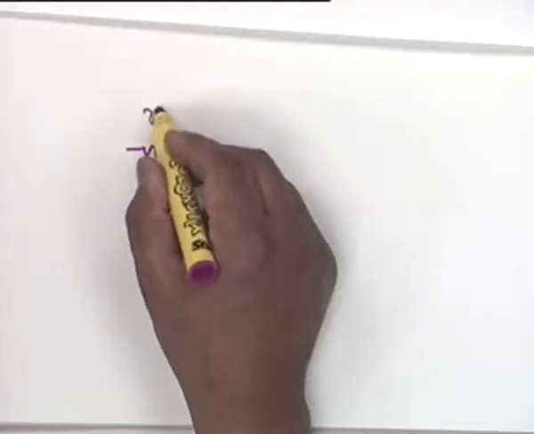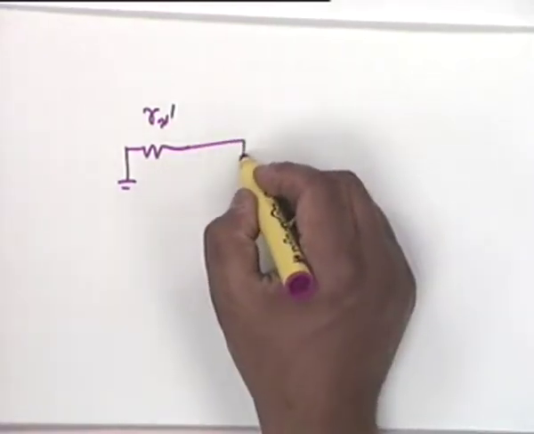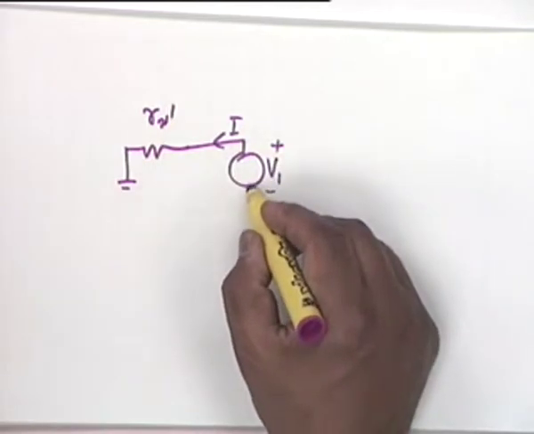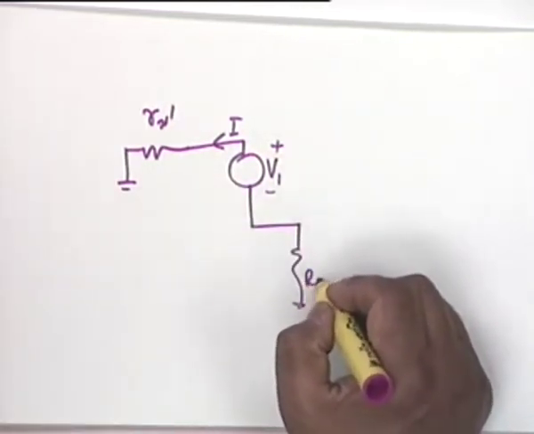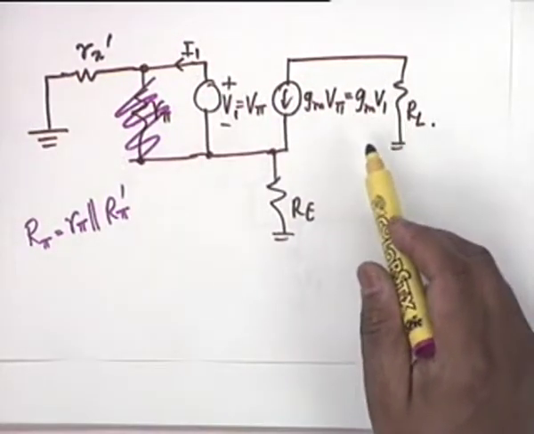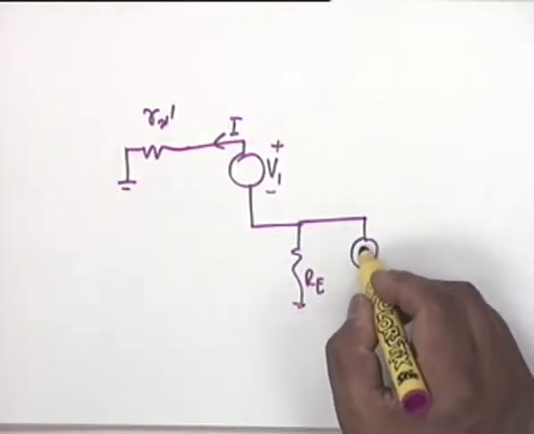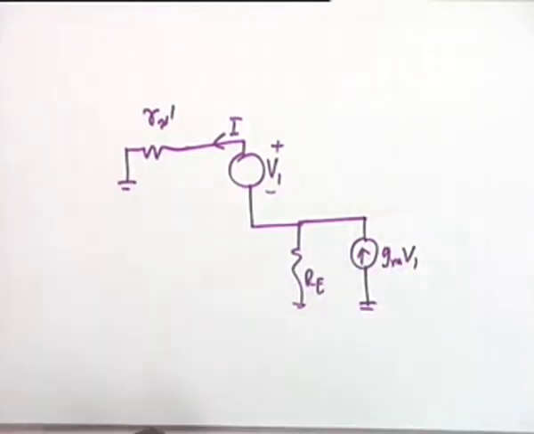We have Rx prime which goes to ground. Then we have V1, I1, Re, and then RL in series with GMV1 is not effective at all. It's a current generator, and therefore what happens is there is a current GMV1 here.